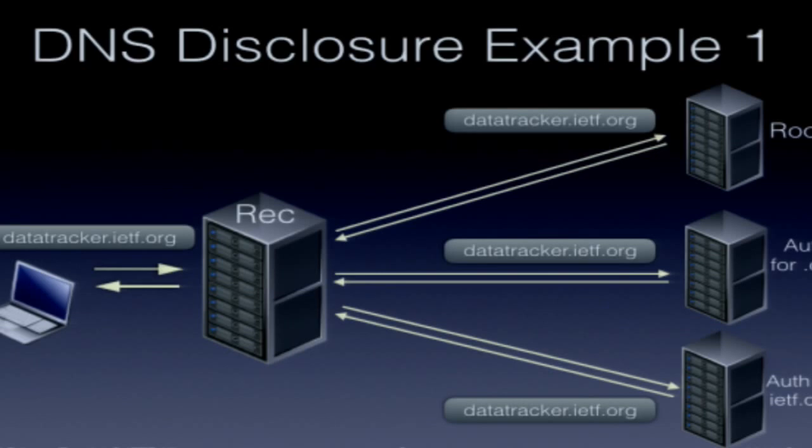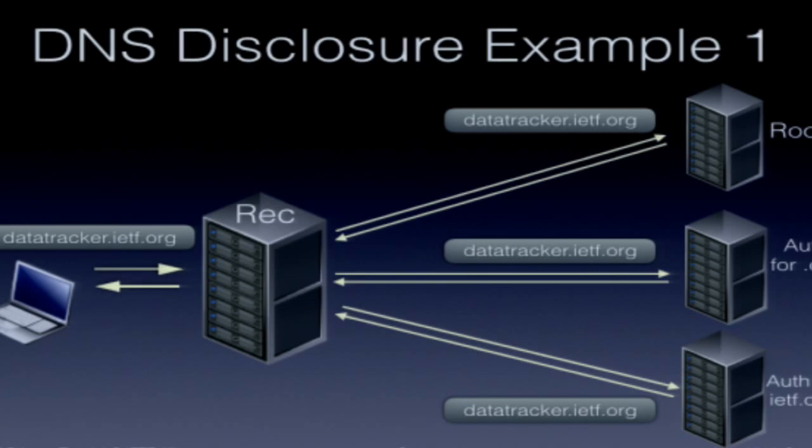So this is the basics of how the DNS works. You're on some client machine. You want to resolve a name. You send the full name up to the recursive server that you're using. Now, what the DNS does is, if it doesn't have that name in cache, it sends the entire name up to a root server to get a delegation for, in this case, .org. Then it sends the entire query to the .org authoritative server, and so on down the chain until it gets to the one that can provide the answer.